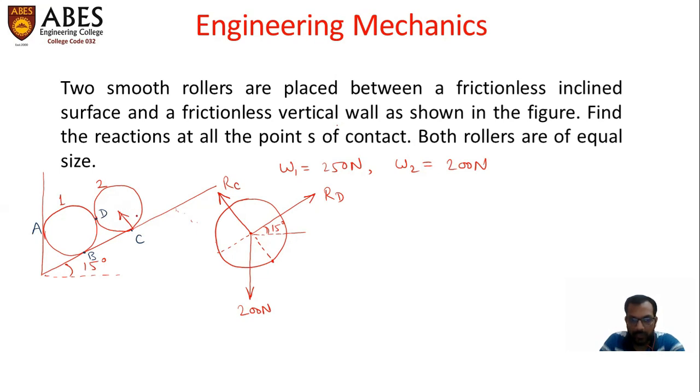So the inclination of this reaction will be 15 degrees with vertical, because the inclination angle here is 15 degrees. So according to the geometry of this figure, we can prove that the inclination of the reaction on this plane surface will be 15 degrees with the vertical. So 15 degrees with vertical means 75 degrees with the horizontal. We can show the angle like this.